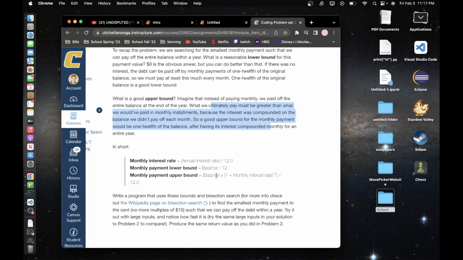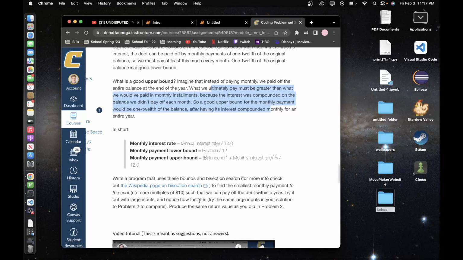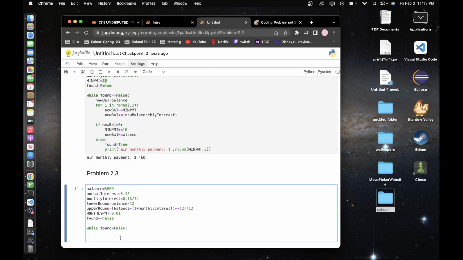Okay. So we're searching for the smallest monthly payment to pay off the debt within a year. And it looks like the smallest monthly payment is going to be a combination of the bounds divided by 2, because in this instance, there are 2 things to take account of.